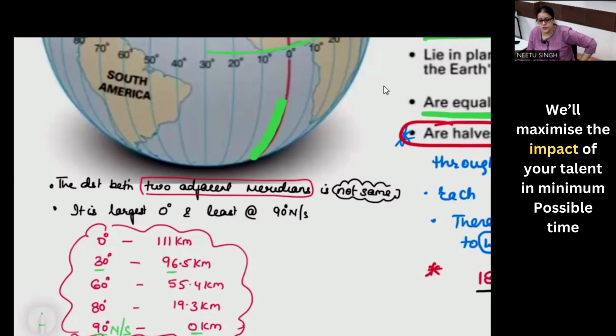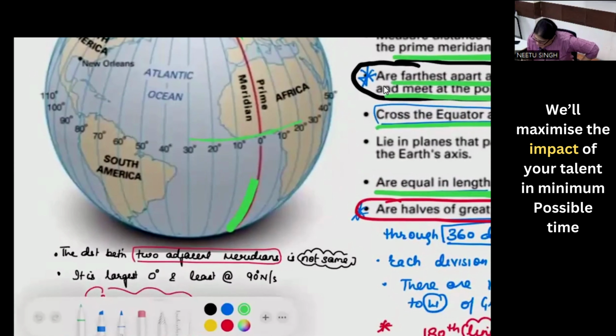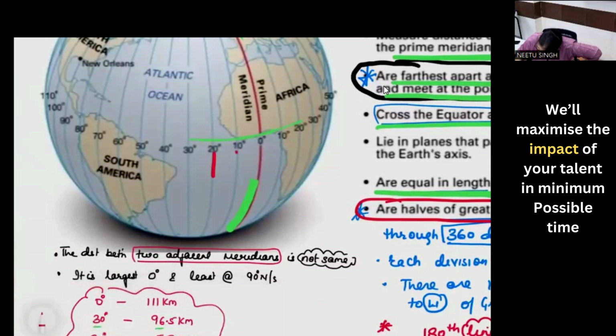Maximum distance between the meridians is at equator, visible right here. Why do we call it meridians? We call them meridians because they have got midday together. They are farthest apart from each other at equator and they converge towards pole. So distance is not same. I think it is very clearly evident.